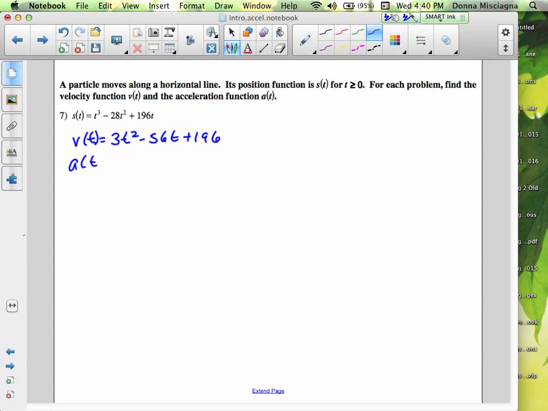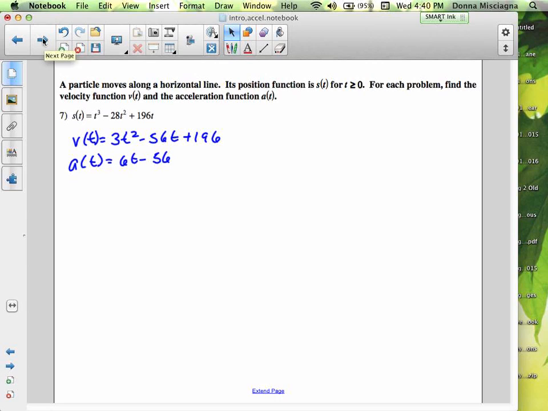And then acceleration, we just take the second derivative. 6t minus 56 is our acceleration. So that's pretty easy to find our velocity function or acceleration function. The harder part is working with them. Not that they're that difficult, but there's a little more work involved in taking a derivative of a polynomial.